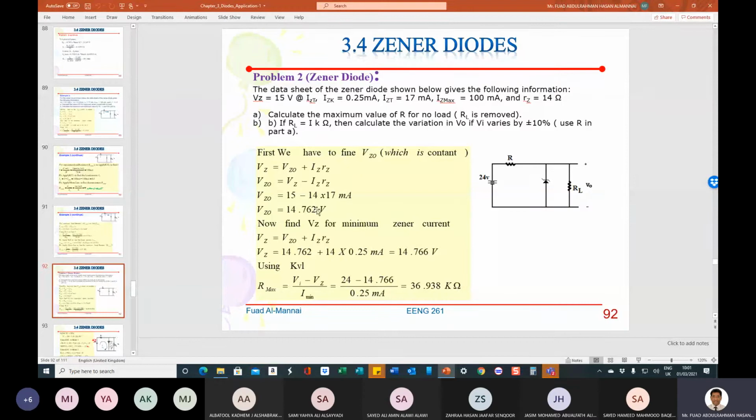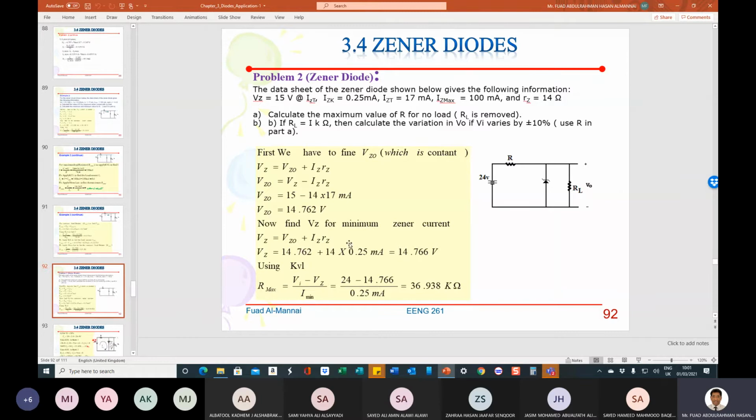So we calculate VZO, which is the same thing as we did before in the other two examples. Now we want to find the maximum value of R. That means the voltage drop across the Zener should be minimum to give us a big value over here.